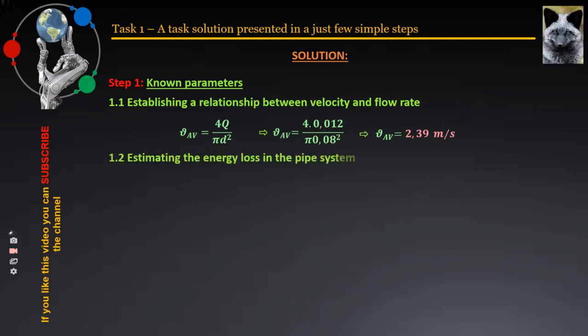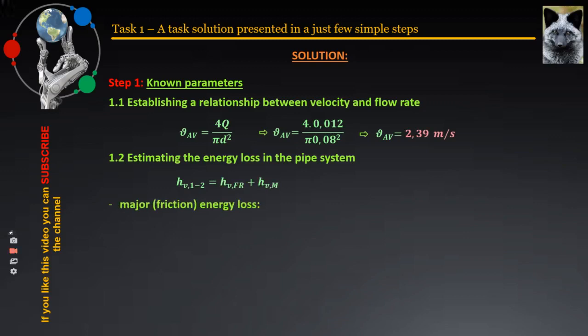The second action of step 1 involves the calculation of the energy losses represented in the form of head. For this purpose, we must consider in advance that the total energy loss represents the sum of the two types of losses which were mentioned before. It is logical to calculate them one by one, and we start with friction, or Mayer, energy loss, as shown on the slide.